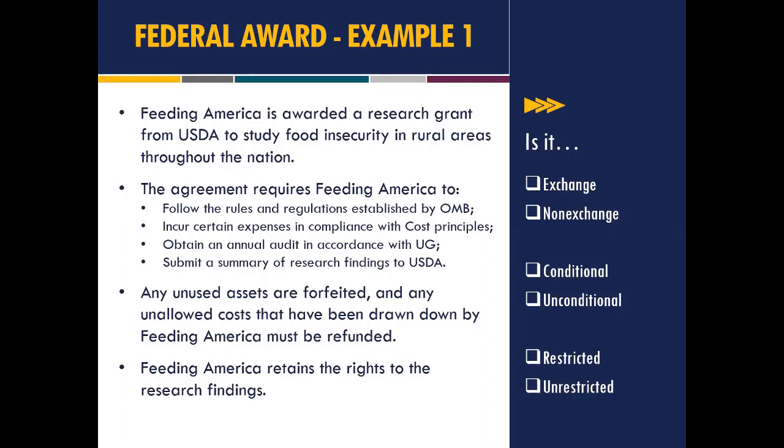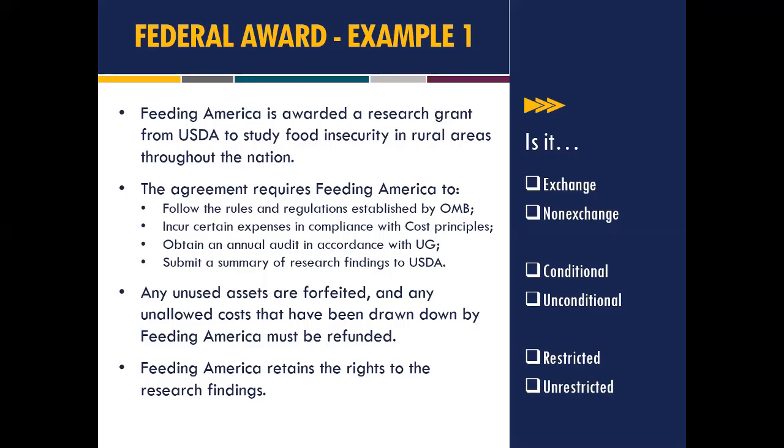Some of the stipulations in the agreement require Feeding America to follow the rules and regulations established by OMB, incur certain expenses in compliance with cost principles, obtain an annual audit in accordance with uniform guidance, and submit a summary of research findings to USDA. Any unused assets are forfeited, and any unallowed costs that have been drawn down must be refunded. Feeding America retains the rights to the research findings.